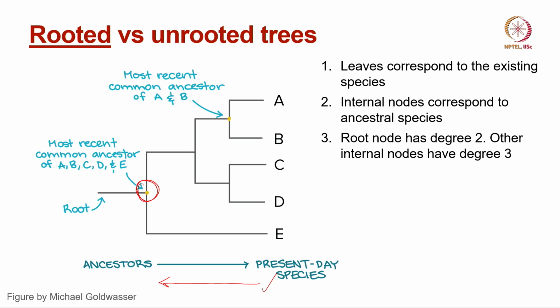So, leaves correspond to existing species, internal nodes correspond to the ancestral species. Also, the root node has degree 2, that is, it has 2 descendants, and the internal nodes have degree 3. So, every internal node will have 1 parent and 2 descendants. These are the properties of these trees.